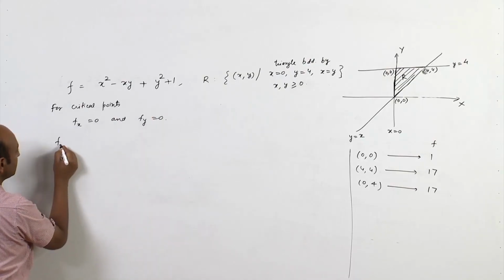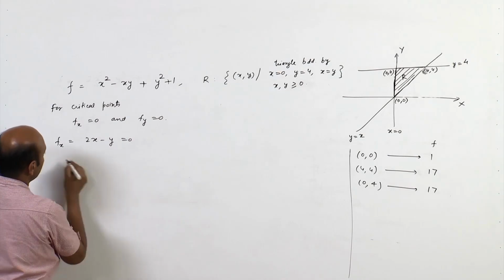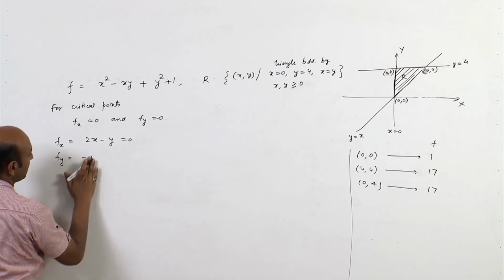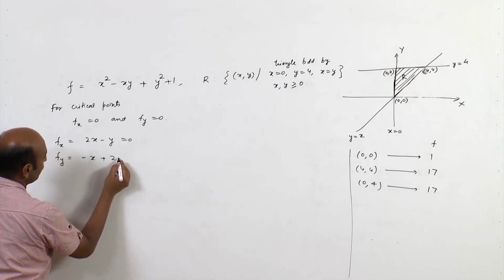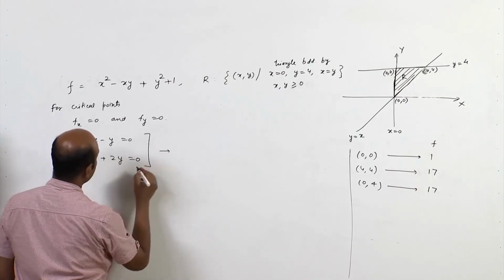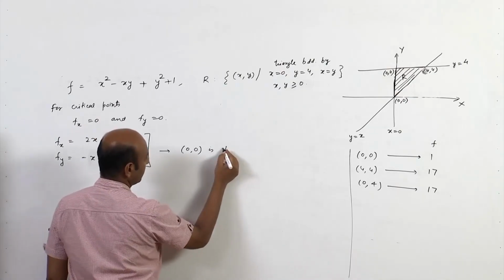Now, fx is 2x minus y equal to 0 and fy is minus x plus 2y equal to 0. Solving these two equations we directly obtain 0 0 as the critical point.